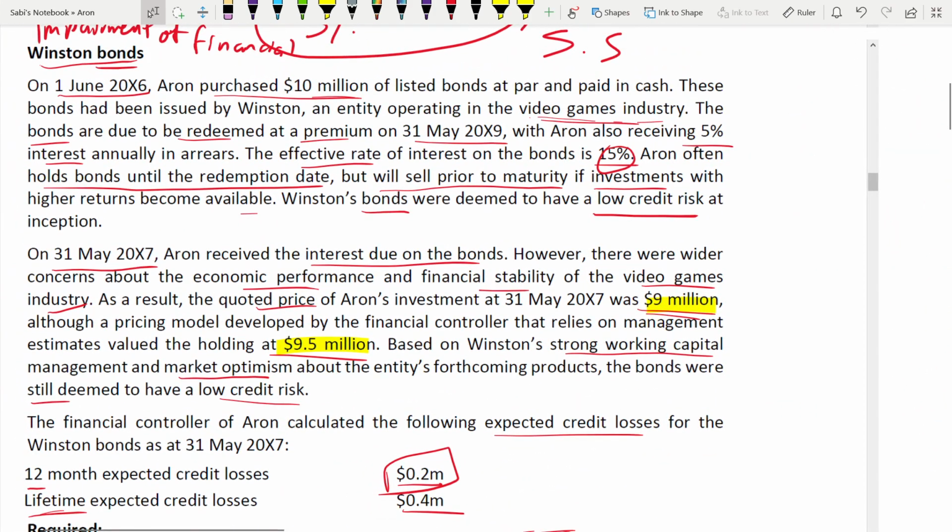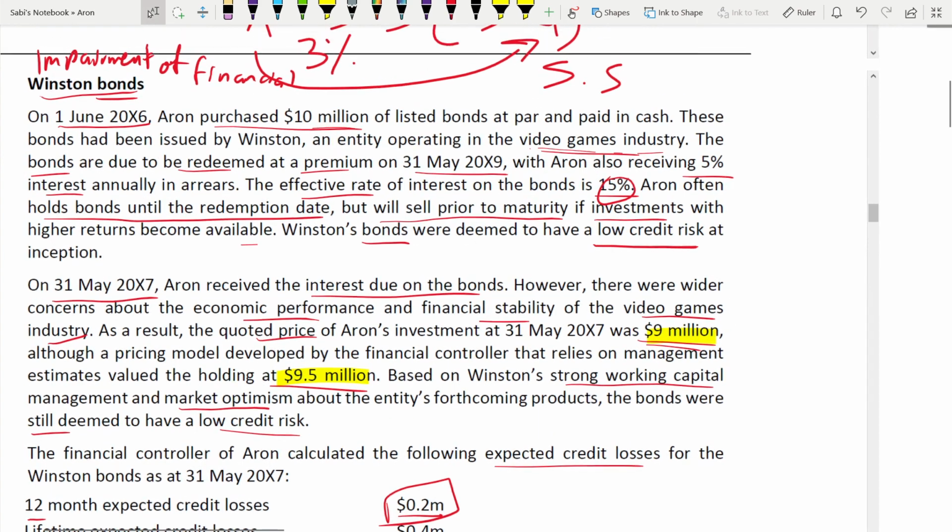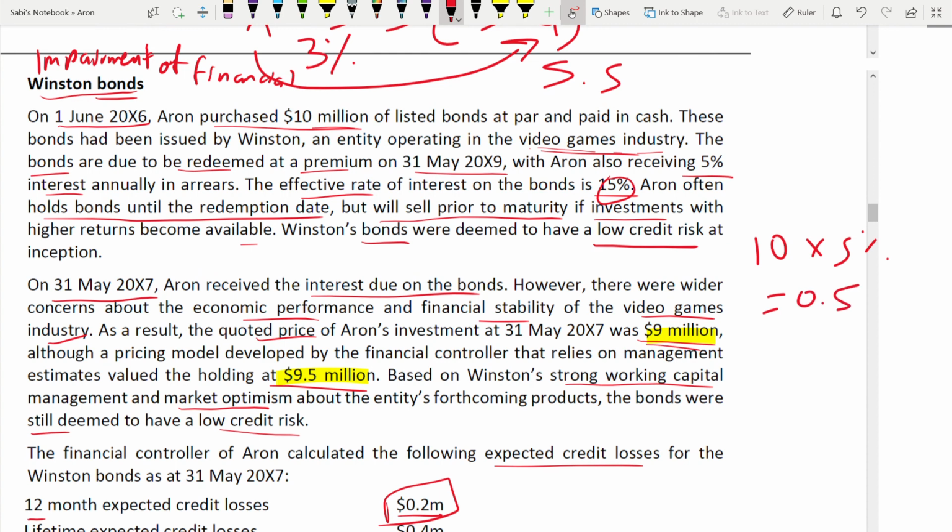Okay, 10 million. And what is the interest? They are receiving interest at 5%. So if you take 5% of 10, it is 0.5 only. 10 into 5%, 0.5. That's how the cash value is 0.5.